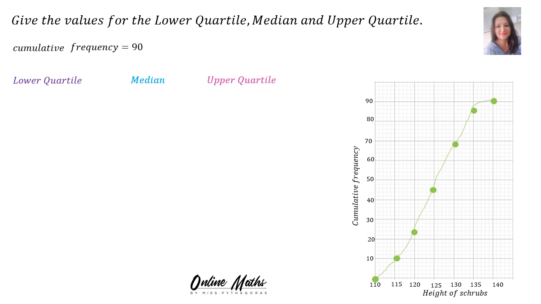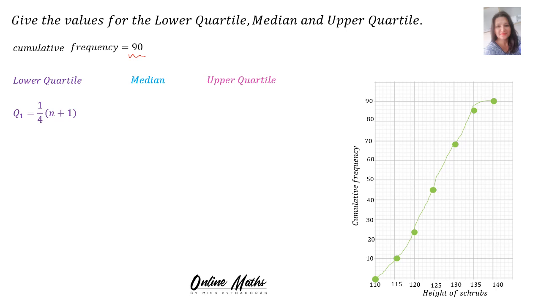Now they ask for the values of the lower quartile, the median and the upper quartile. First of all, you need the last cumulative frequency value, which is 90. To work out the lower quartile, there's a little formula: Q1 is equal to a quarter of n plus 1.